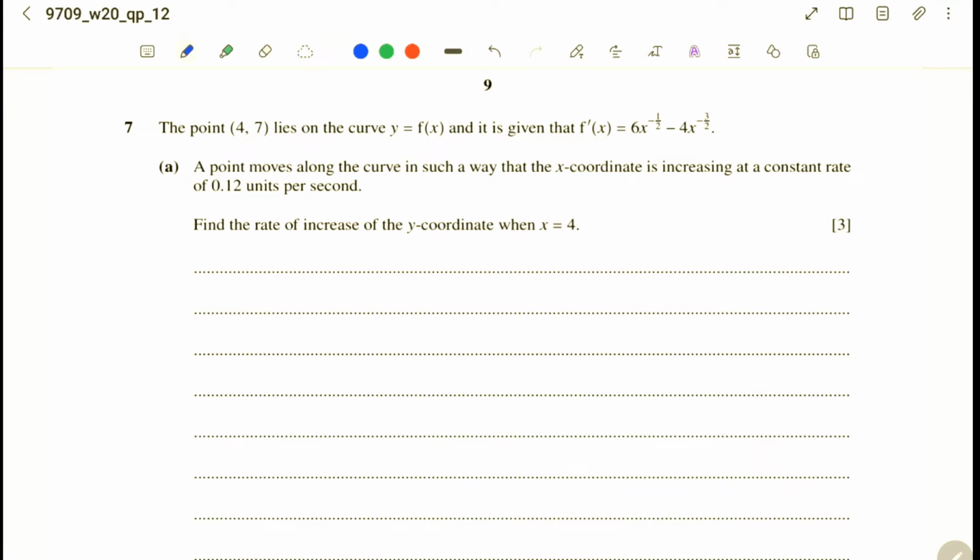So the rate of increase of the x coordinate is given, that is dx over dt, which is equal to 0.12, and we need to find the rate of increase of the y coordinate, that is dy by dt.